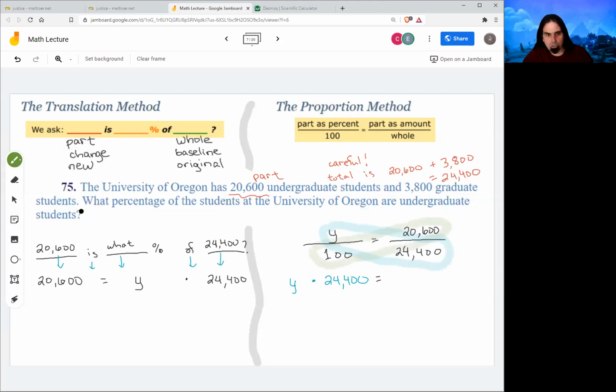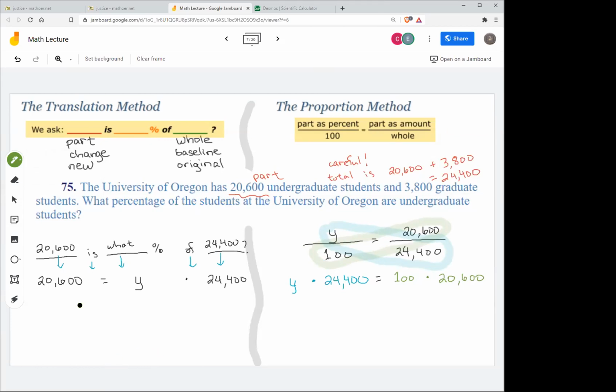Try and finish it on your own, whichever side you like best. And then tell me what you get. I'm done. I used the proportion side. I got about 84%. Okay.